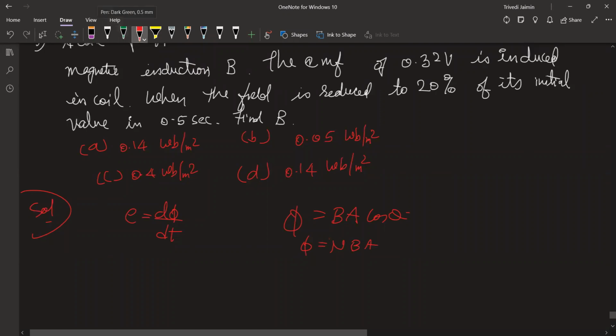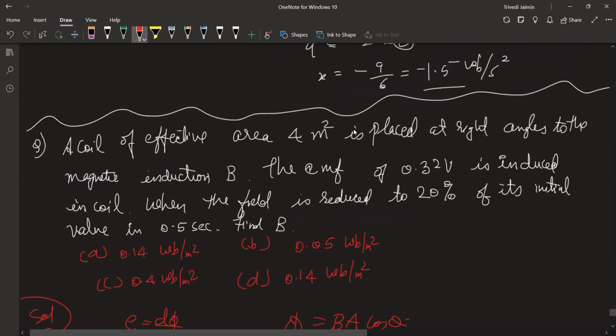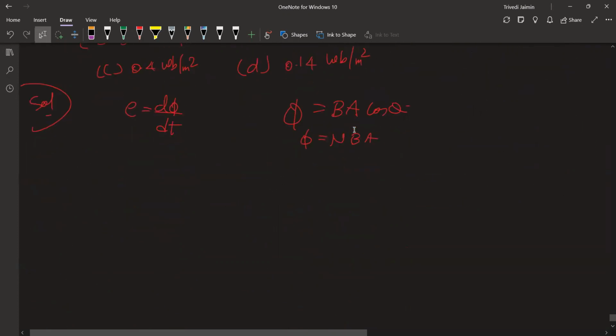See, all this area is given 0.4, right angle. 20% of initial value. That means let's take initial value as B. We had two B's, right? So B1 as initial value and B2 means 20%.